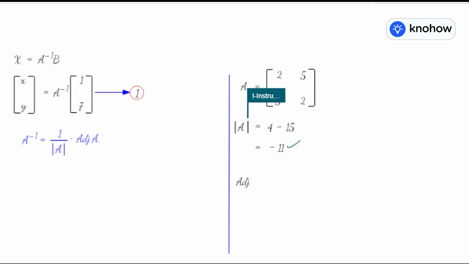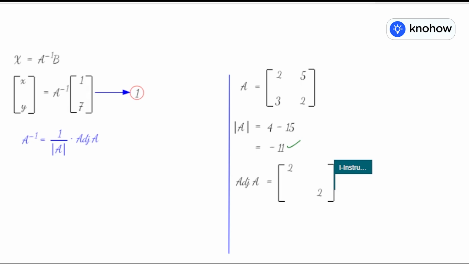By now you know adjoint A is the transpose of the matrix obtained by replacing each element by the corresponding cofactor. For the main diagonal you have just to interchange, so it will be 2 and 2. For the other diagonal you interchange the elements with the changed sign, so you will have minus 5 and minus 3.